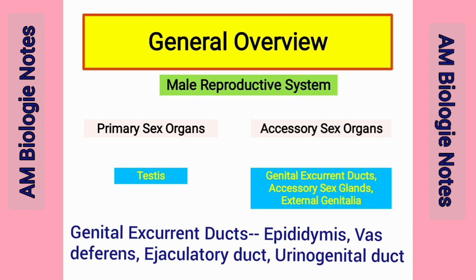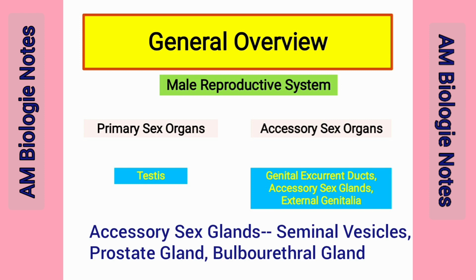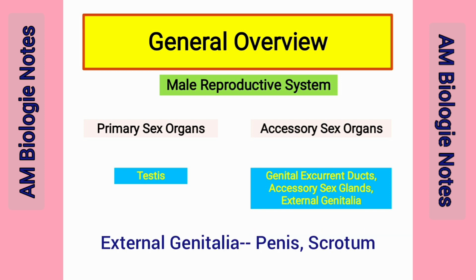Genital excurrent ducts include epididymis, vas deferens, ejaculatory duct, and urinogenital duct. The accessory sex glands include seminal vesicles, the prostate gland, and bulbourethral gland. Finally, the external genitalia contain the penis and scrotum.